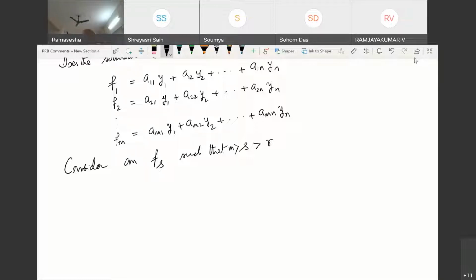Now let me consider the following determinant. Sorry, an r plus 1 by r plus 1 determinant.